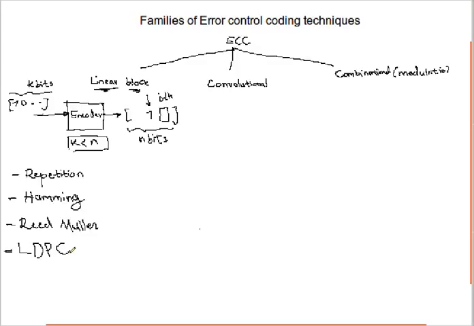So basically you have a parity check matrix, and the characteristic of this family of error control codes is to have low density of ones.